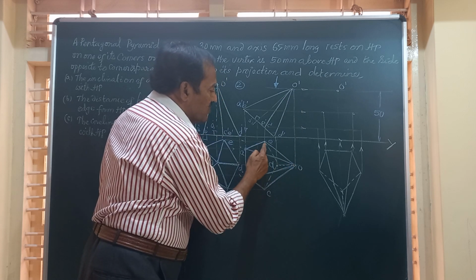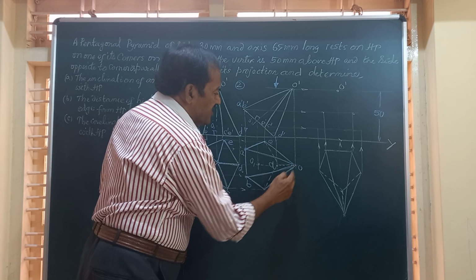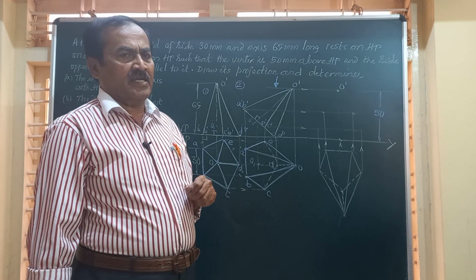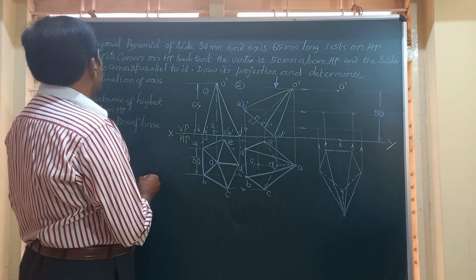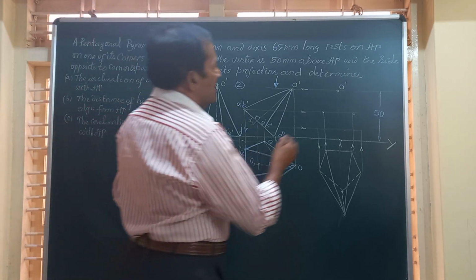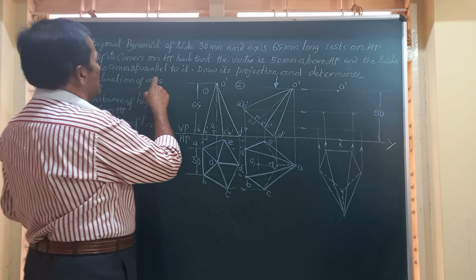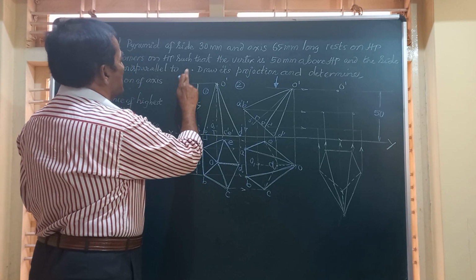And hence I have shown this edge of the base, second edge, and this slant edge are not visible. Hence I have shown them by the dotted lines. Now friends, what is the next part of the question? In the next part it says, and its side opposite to the corner is parallel to it, means parallel to VP.